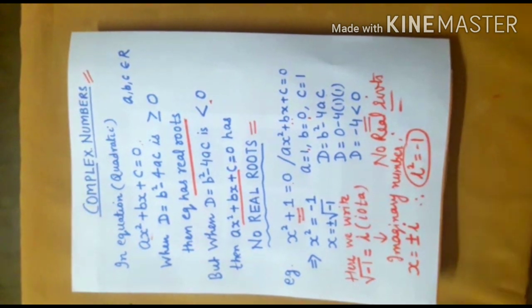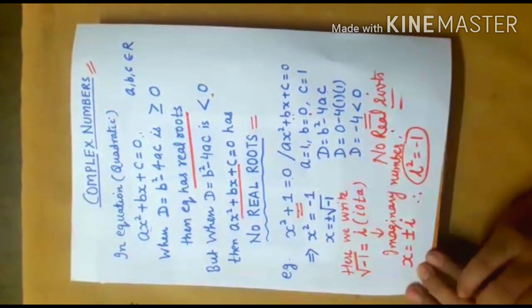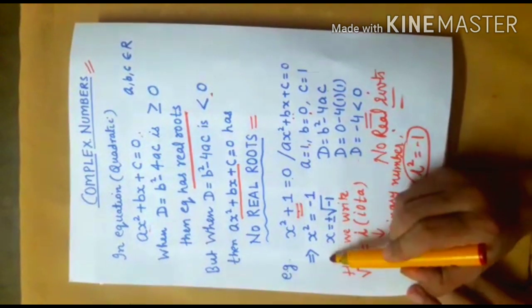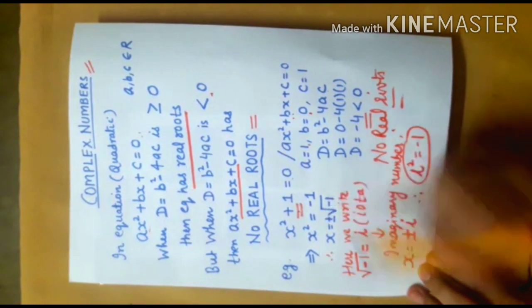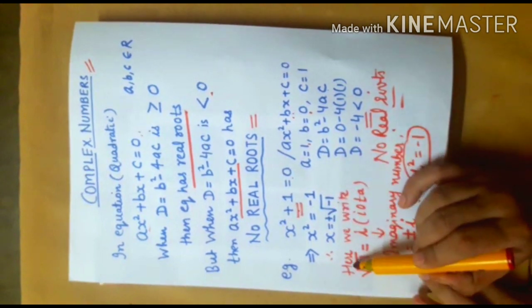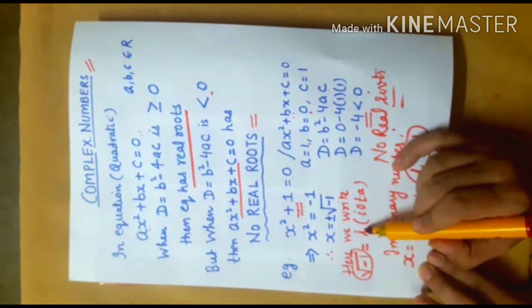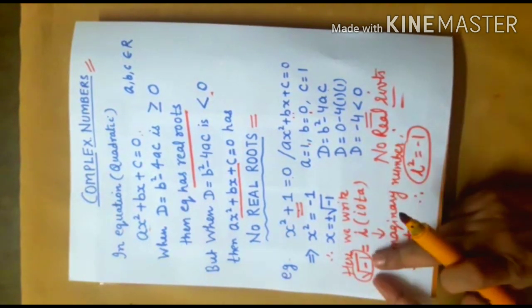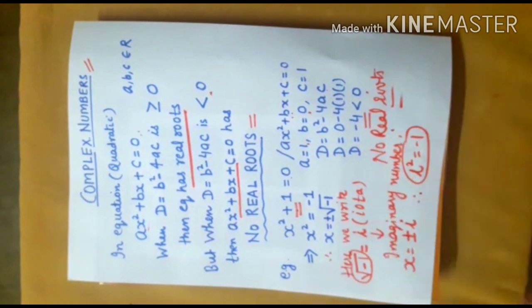So here we introduce imaginary numbers. Now look here, x square is equal to minus 1. So this will imply x is equal to plus minus square root of negative 1. Here I call square root of minus 1 as iota. I denote this with this symbol, which we read as iota.